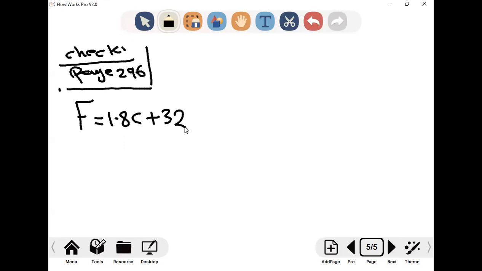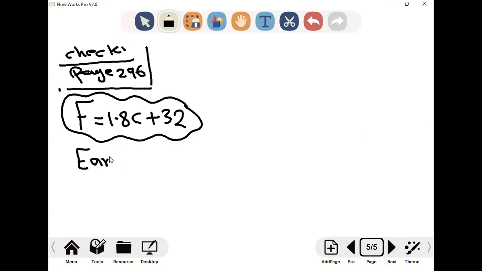What is the formula? This is the formula, right? So I need to replace F. I'm talking about the Earth now. The F is given in the Earth, the Fahrenheit. How much the Fahrenheit in the Earth? 57 Fahrenheit. So I'll replace this F by 57, to find the Celsius of the Earth. Got it?